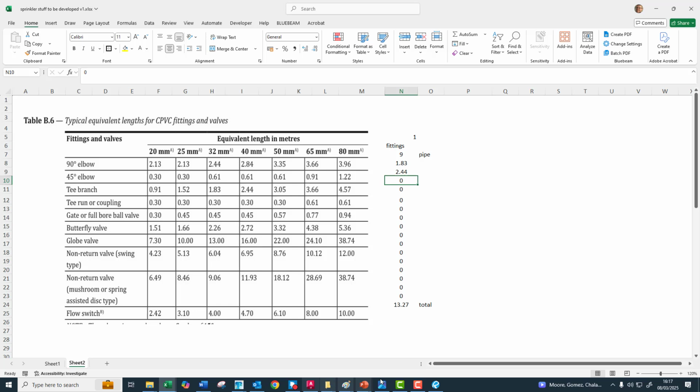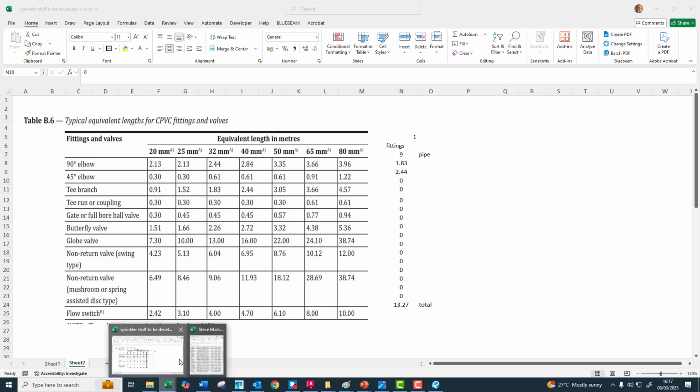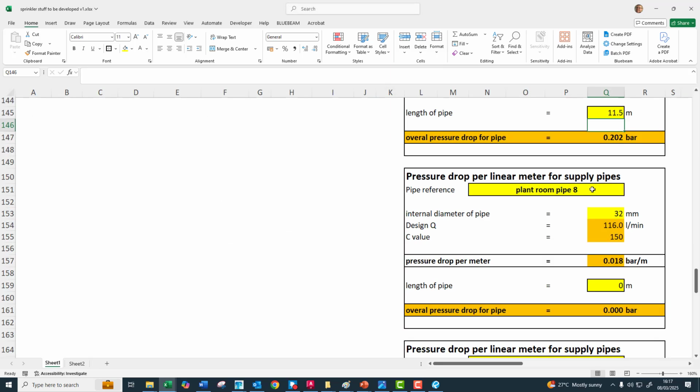You always add a few fittings in rather than be really economical with it, because by the time we've finished all of this, we might have 20 T's and 20 elbows or something like that, but I'll guarantee we'll use more than that. So that's 13.2 for pipe 8, wasn't it? So pipe 8, 13.2.